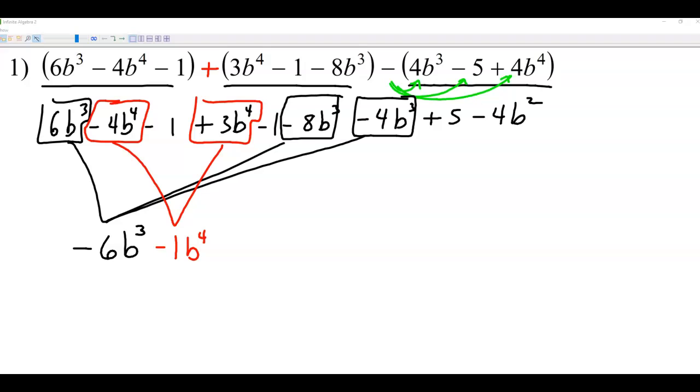Thank you, Josh. So over here, this was supposed to be a 4. Josh has pointed that out, so I need to correct that. And since that was a 4, I need to include that here. So we have negative 4 and 3 is negative 1, minus 4 is negative 5b to the fourth. Thank you, Josh.